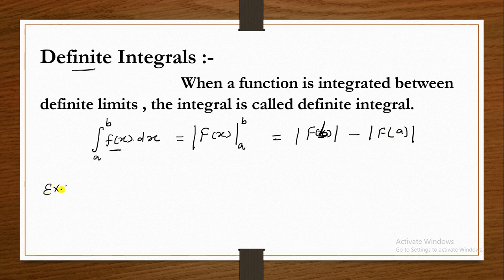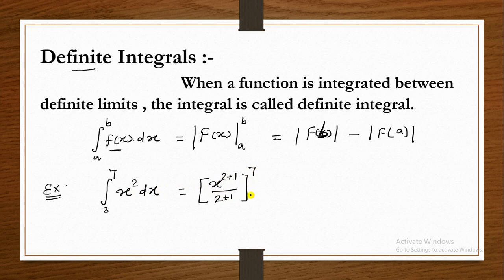Example for a definite integral: integration of x power 2 dx from 3 to 7 is equal to, first you solve the integration using the first formula of integration, so the power is 2 plus 1 divided by 2 plus 1.